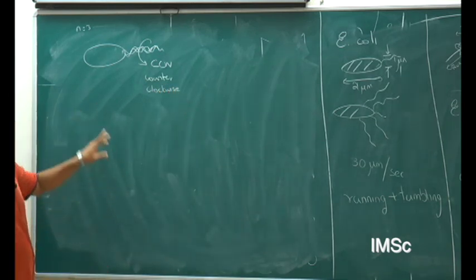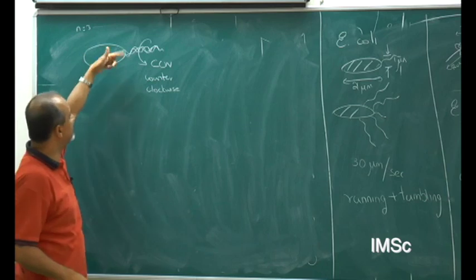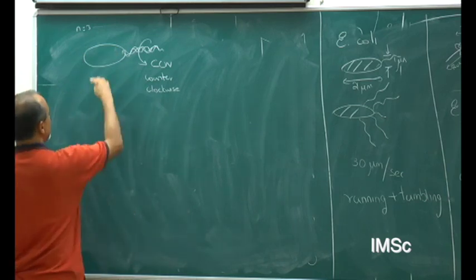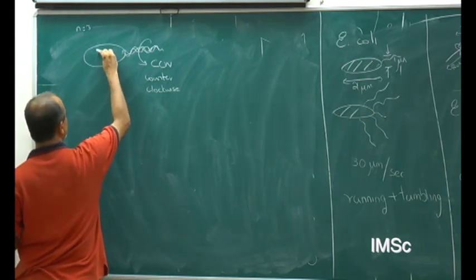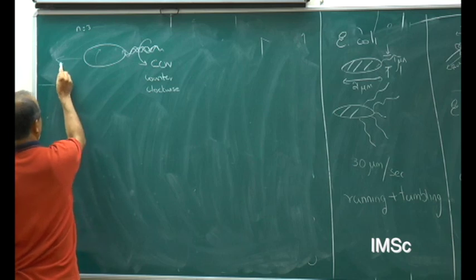Why must it do this in order to move? By rotating counterclockwise, two things happen. First of all, the cell body rotates in the opposite direction and E. coli moves forward.